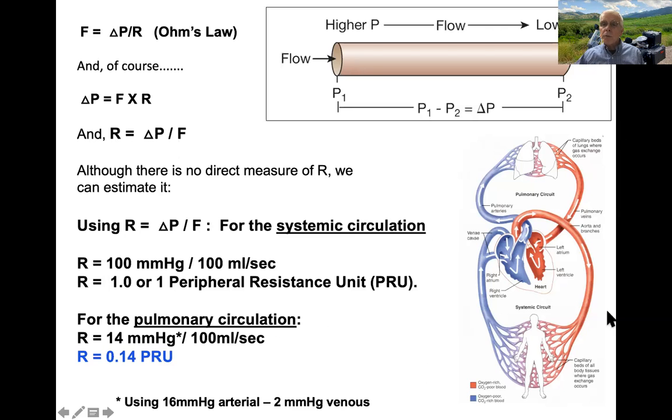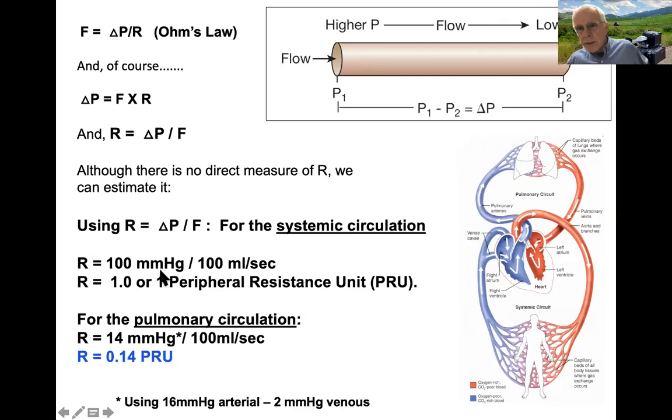So here's a cartoon. Here's the aorta, and we're just going to pretend we've got one capillary bed here to represent the entire lower portion of the body, and blood's going to come back to the right atrium. So what is the pressure difference, the delta P, between, for example, the left ventricle and the right atrium? Textbook value about 100.